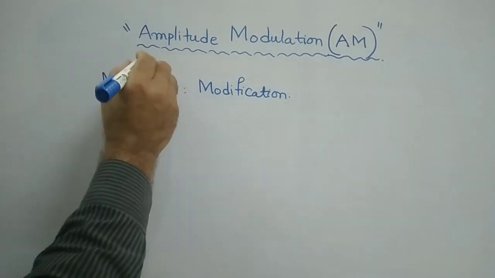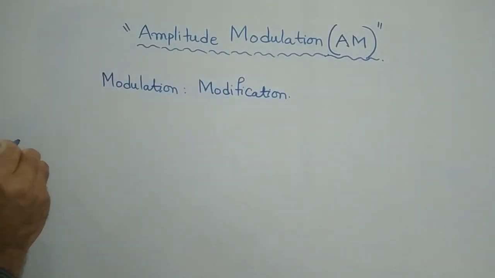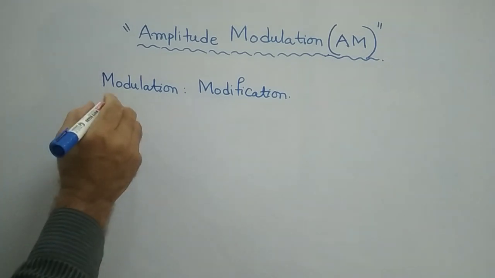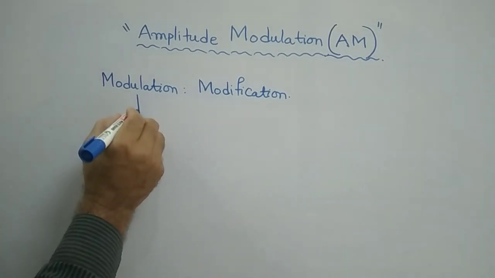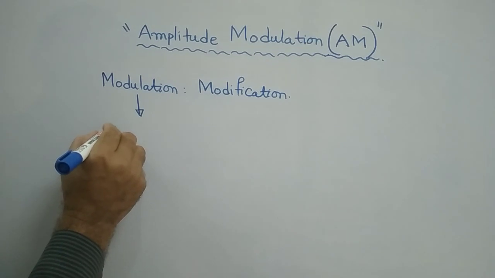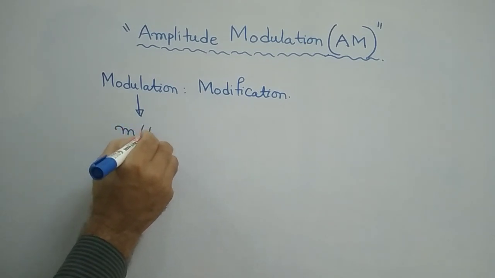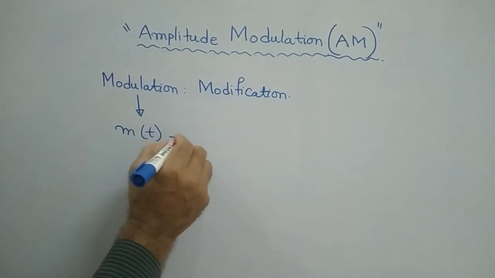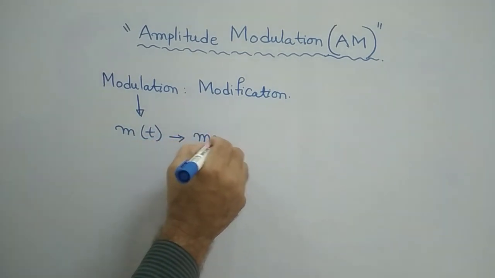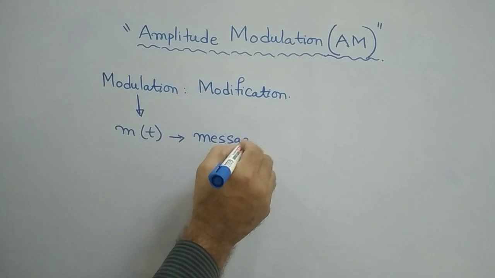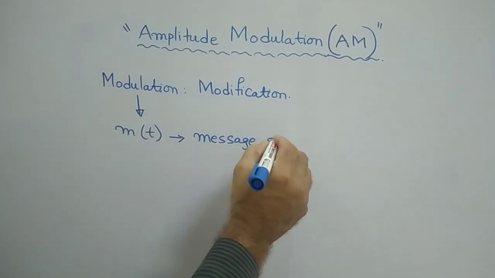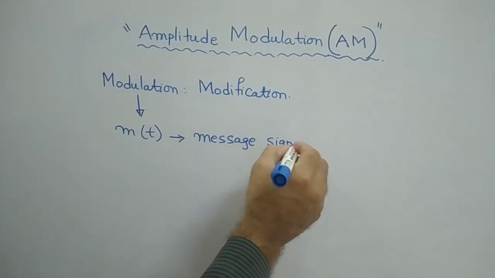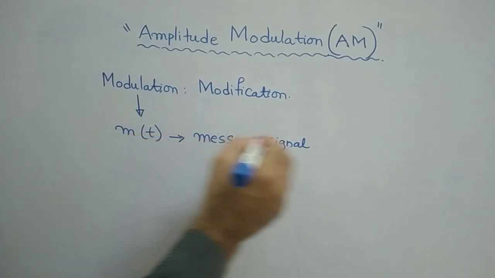Especially when you consider amplitude modulation with respect to the analog communication subject, for this modulation we need to have two important inputs. One is the message signal m of t, which is your message signal, or baseband signal, or the information signal.